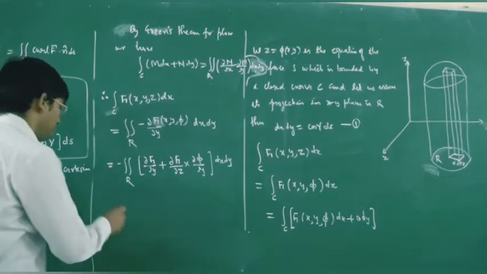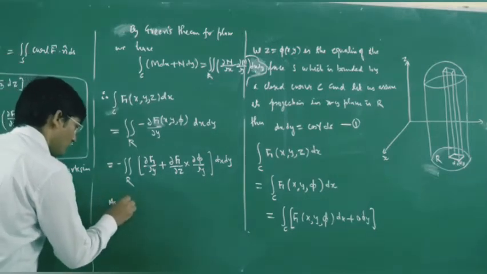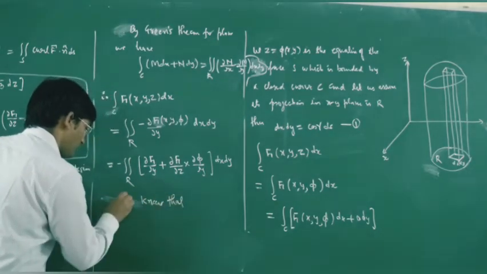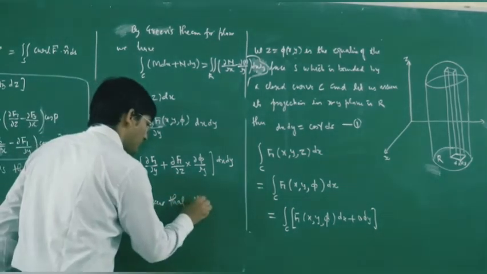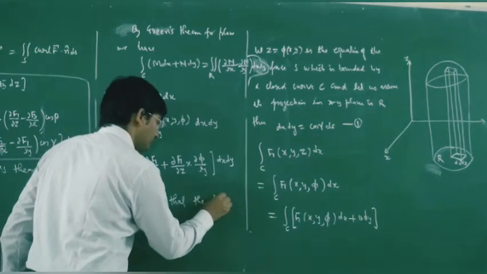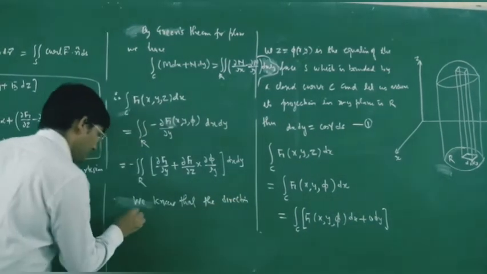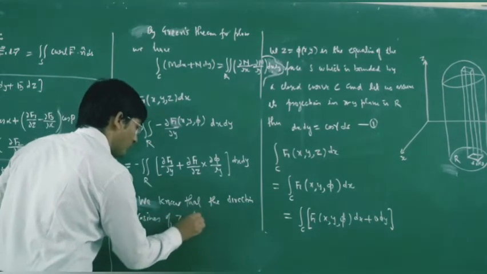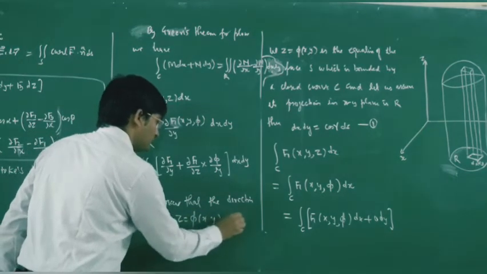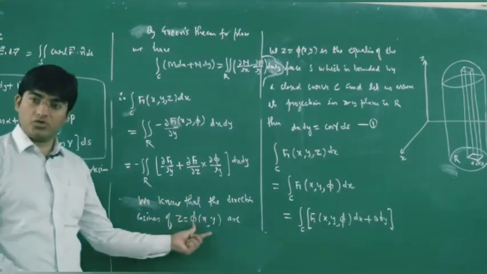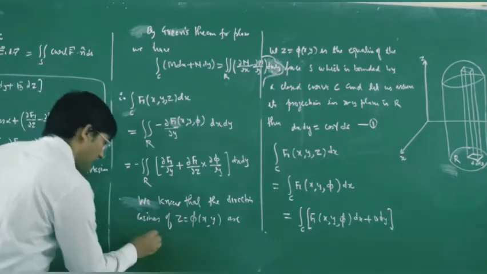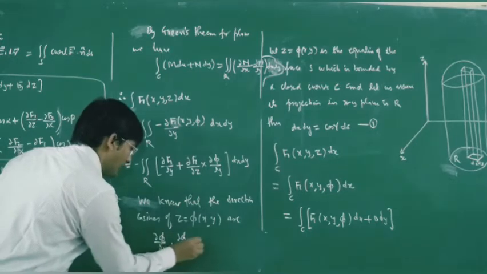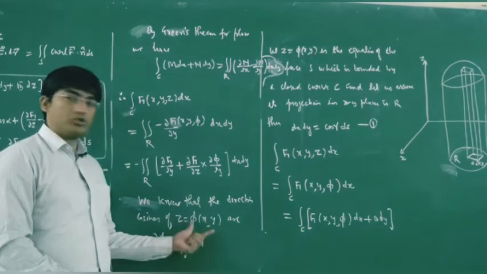Now we know that the direction cosines of the surface z equal to phi(x, y) are del phi upon del x, del phi upon del y, and minus 1. These are the direction cosines of this surface.